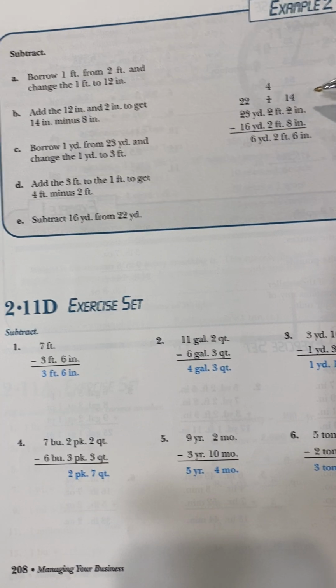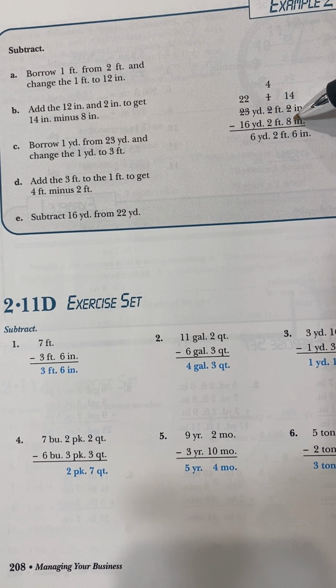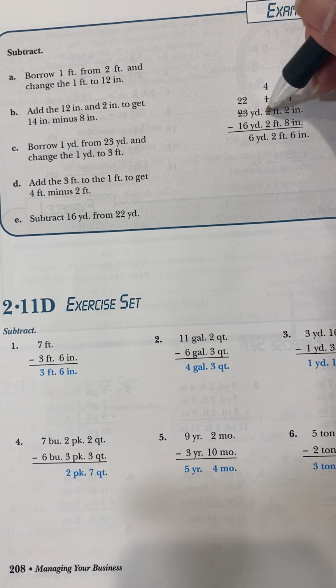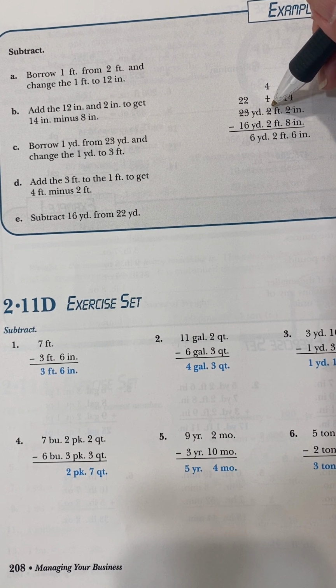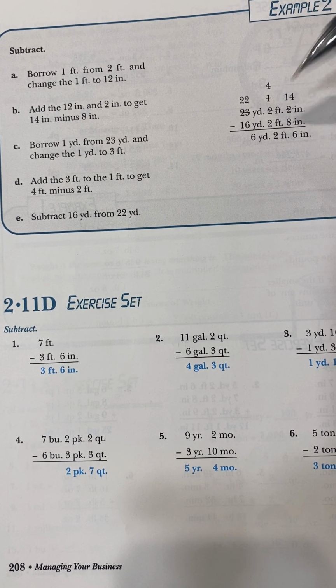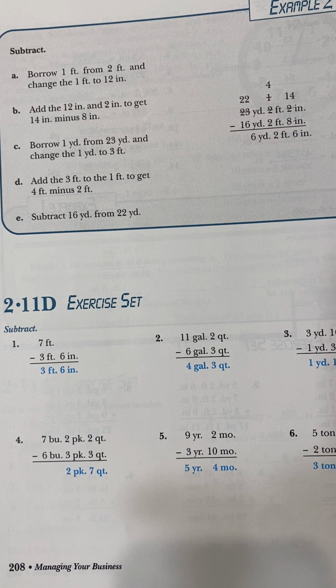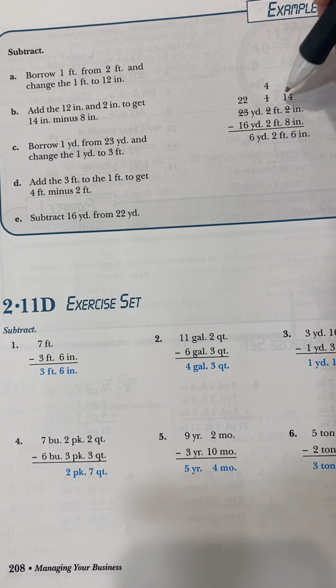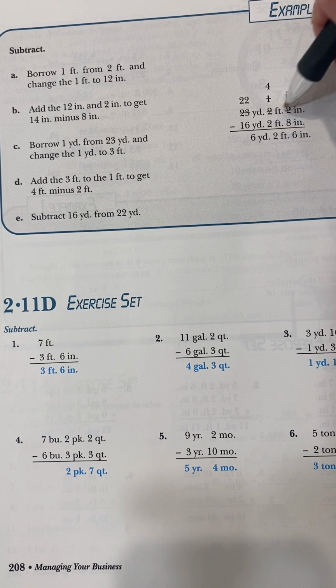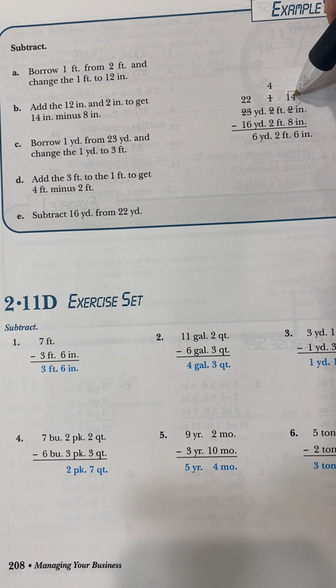The first thing we look at, you can't take 8 from 2 in the inches, so you have to borrow. So they crossed out the 2, they borrowed 1, and they put 14 here, because if they borrow a foot, it's going to be 12 inches, plus this 2 is going to be 14 inches because you have to add that 2. So they borrow a foot, make this 14 inches.